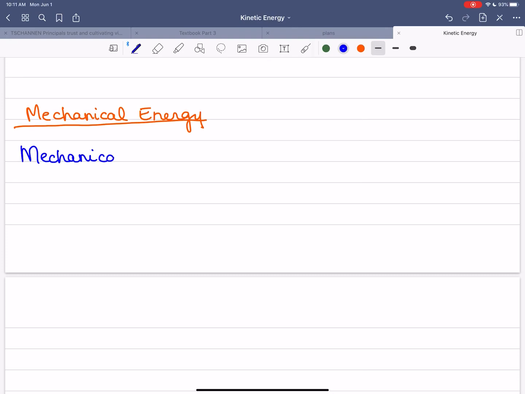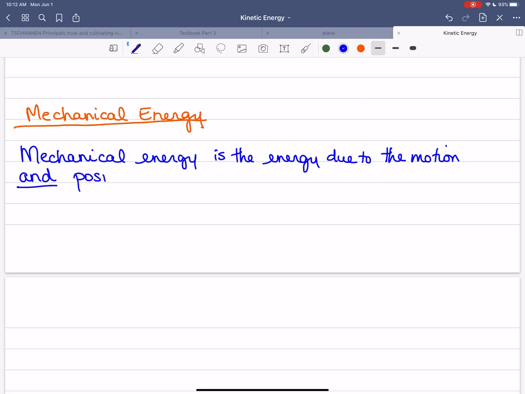So mechanical energy is the energy due to the motion and position of the object.